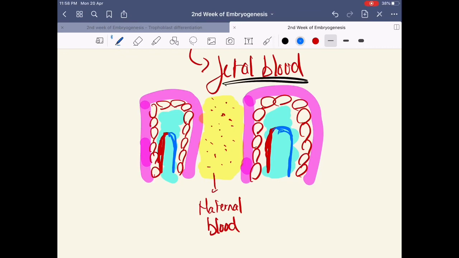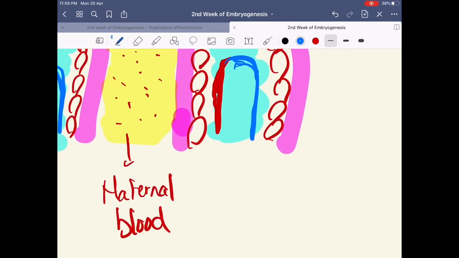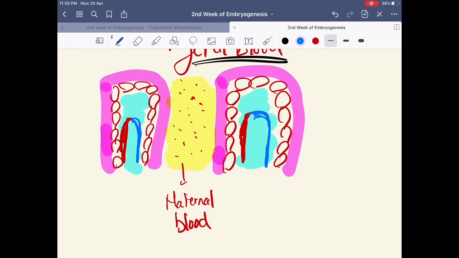How? That is via this pathway. You have got your fetal blood vessels. Okay, fetal, I'm going to write blood vessels as BV. From there it's going to enter into the extra embryonic mesoderm.